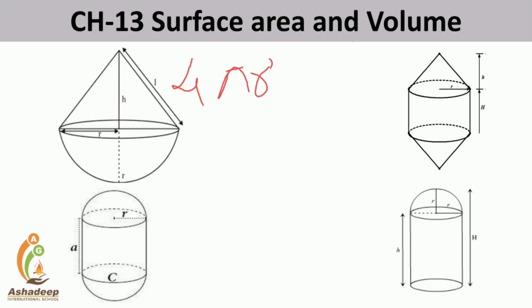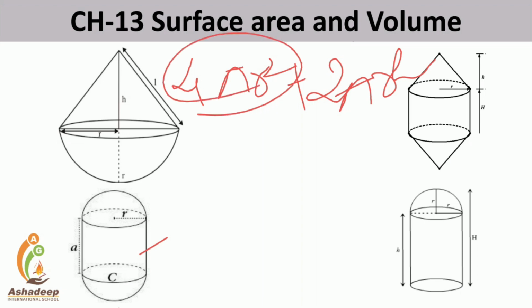So it's 4 pi r square plus the curved surface area of the cylinder, which is 2 pi r h. You can also get 4 pi r square from two hemispheres, means hemisphere plus hemisphere is a sphere. So 4 pi r square plus 2 pi r h.